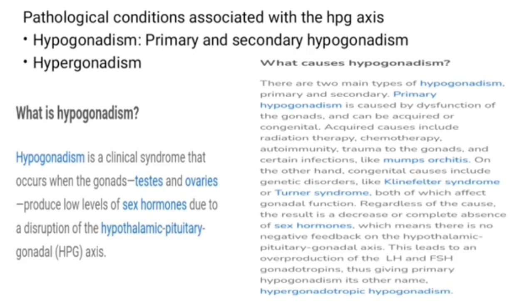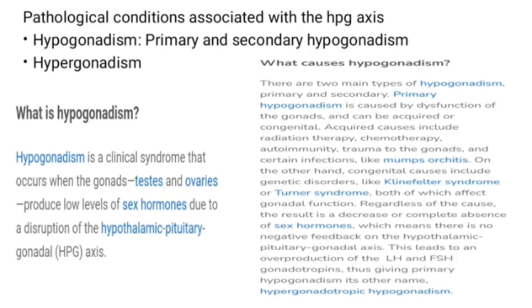There are two main types of hypogonadism: primary and secondary. Primary hypogonadism is caused by dysfunction of the gonads itself and can be acquired or congenital. When there is acquired dysfunction of the gonad, that is the ovary or the testes, the acquired causes include radiation therapy, chemotherapy, autoimmunity, trauma to the gonads, that is somebody has an injury, maybe an accident that affected the ovary and the testes, and certain infections like mumps or orchitis. That is what children used to have in their early age, where their cheeks swell up.